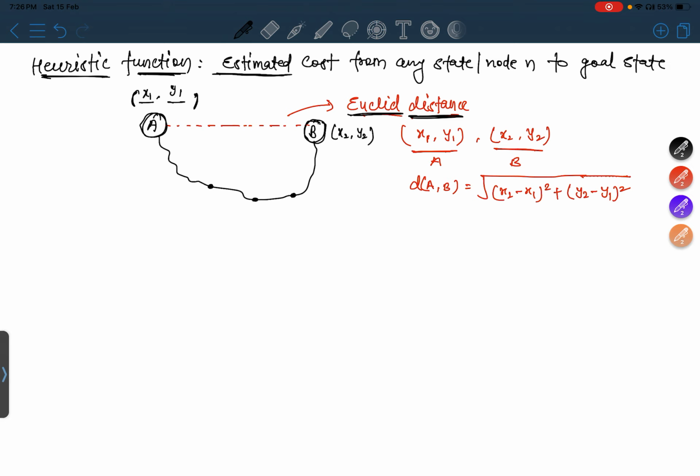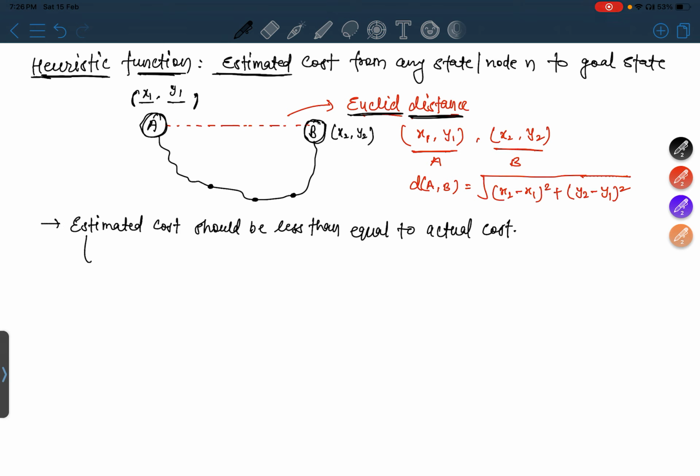We can define any other estimation for the cost, but in this course we'll only talk about heuristic functions where the estimated cost is always less than or equal to the actual cost. These kinds of heuristic functions are known as admissible heuristic functions.